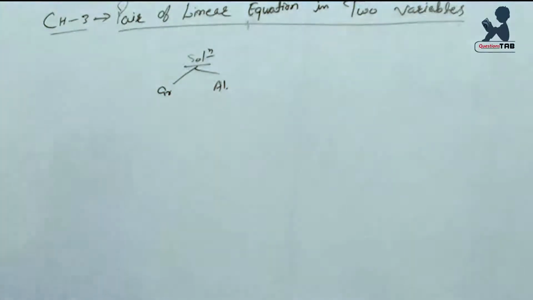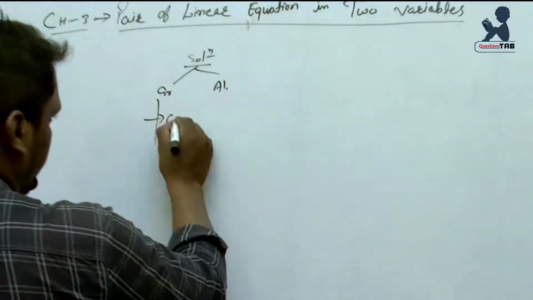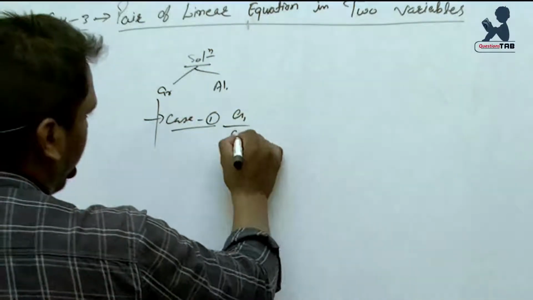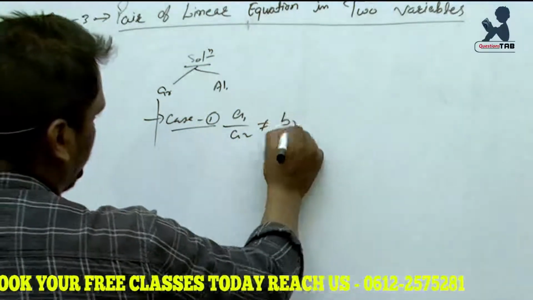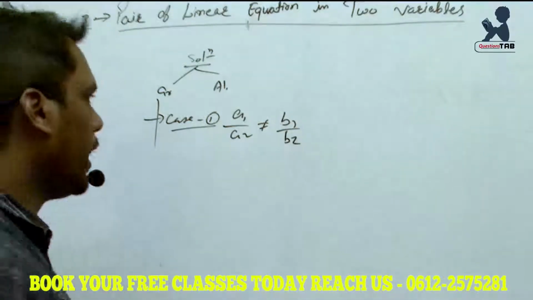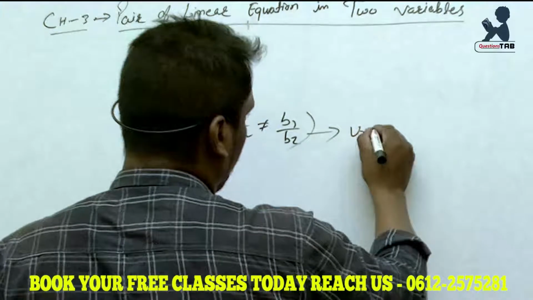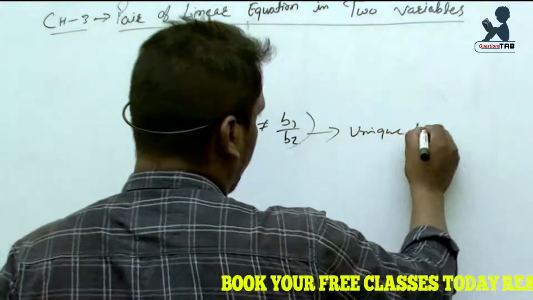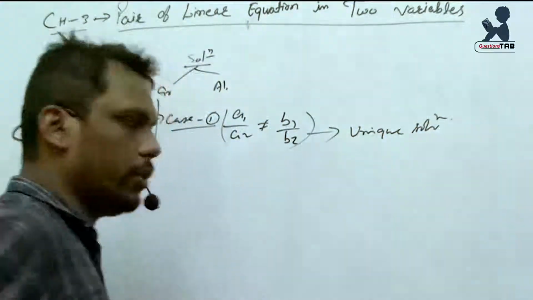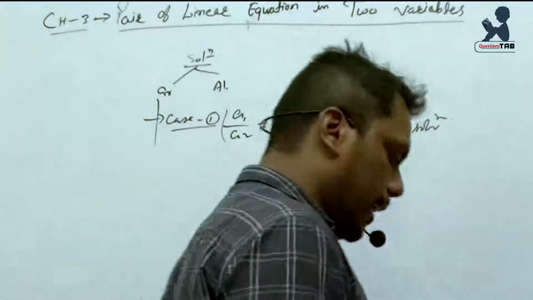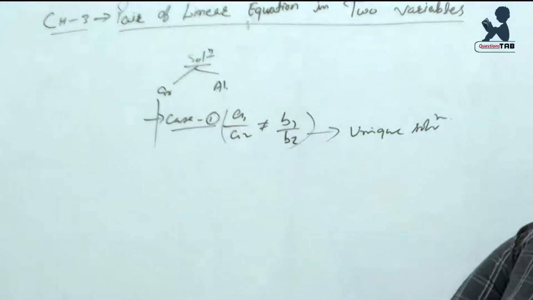In the geometric method we had already studied case 1, where a1 by a2 is not equal to b1 by b2, and in this condition we got a unique solution. Till here we had studied in our previous class.